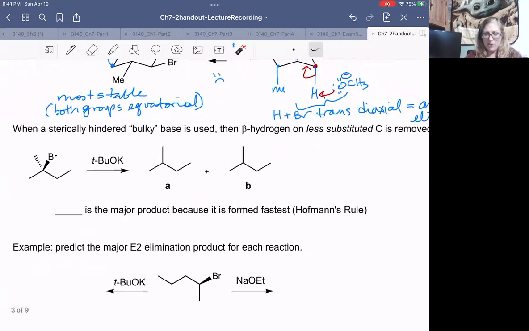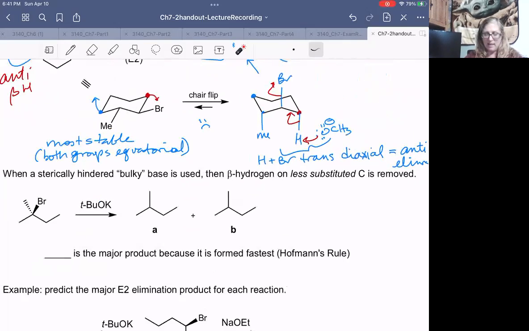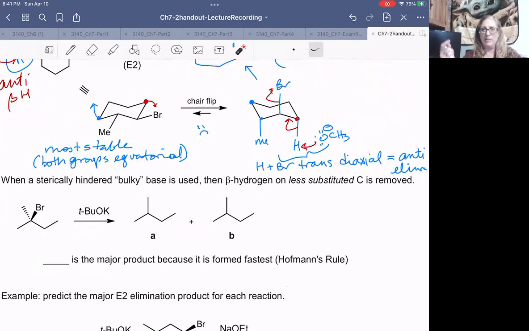Okay, so let's take a look at one other option that will change the regiochemistry. And that is when instead of using a base like methoxide or hydroxide, if we use a sterically hindered, or in other words, a bulky base, we get a different outcome.